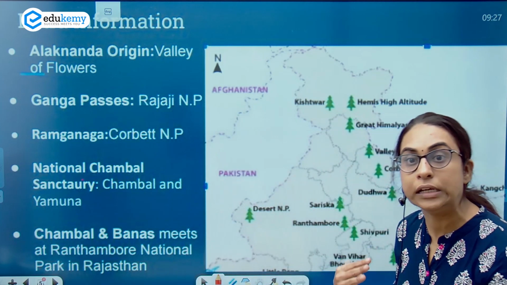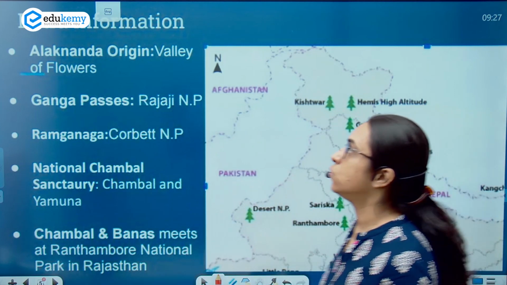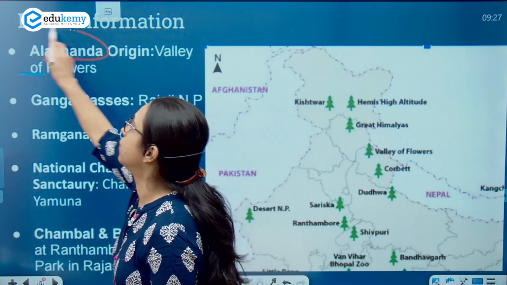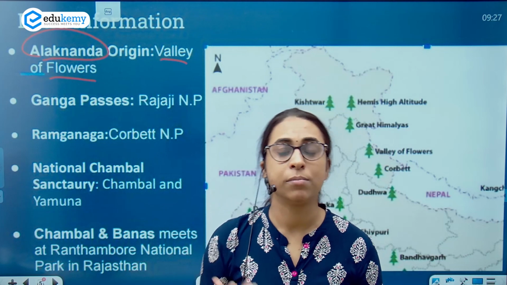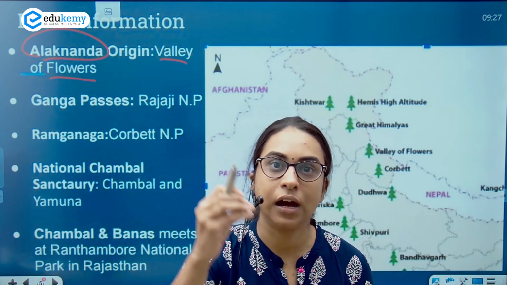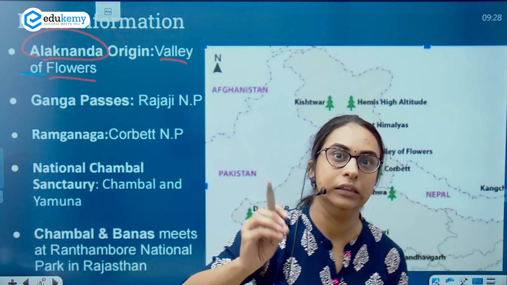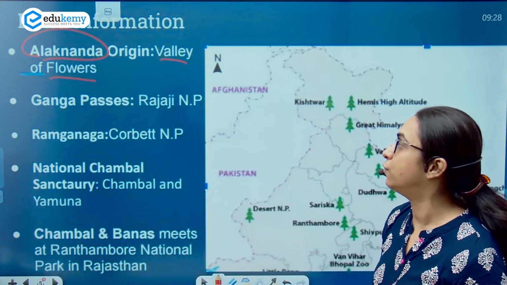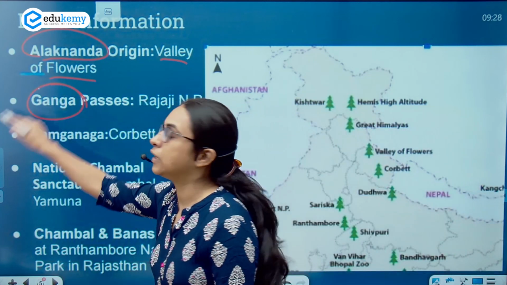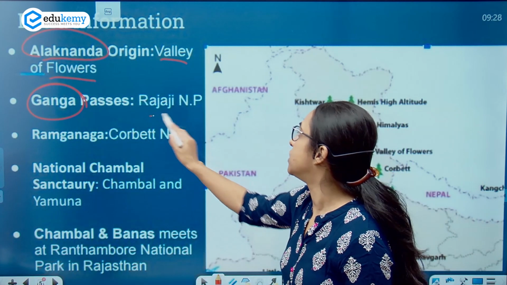Now, if I come on to the Ganga river system, you have your Alaknanda river, which passes through the Valley of Flowers. How do you remember this? Just remember, Alka loves flowers. So Alaknanda passes through the Valley of Flowers. Then we have the Ganga river, which passes through the Rajaji National Park.